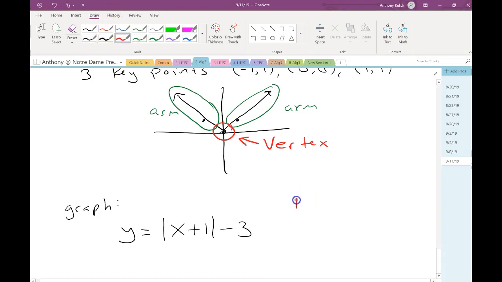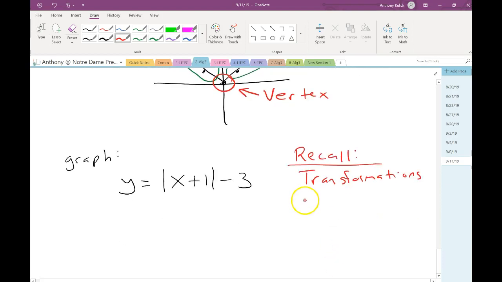To do this, I'm going to use what I know and my parent function to generate this graph. So the important part is that for a parent function of x, any member of the family can be written as a times f of x minus h plus k.